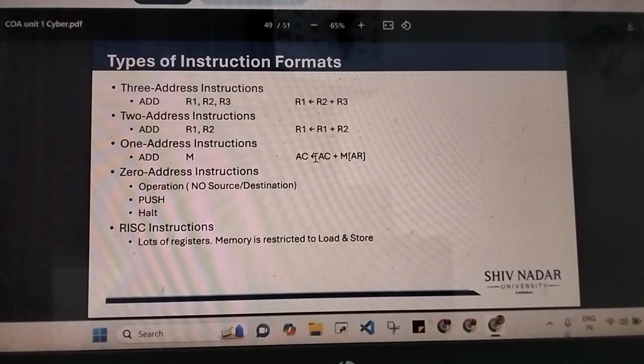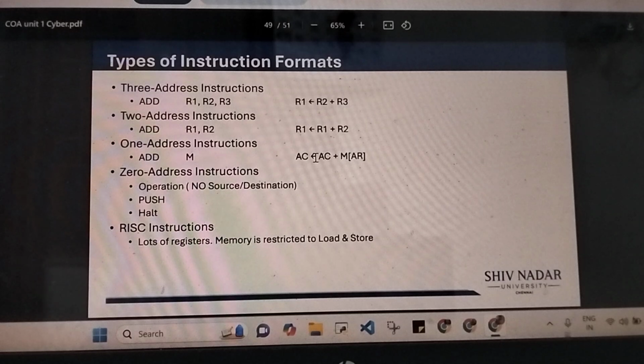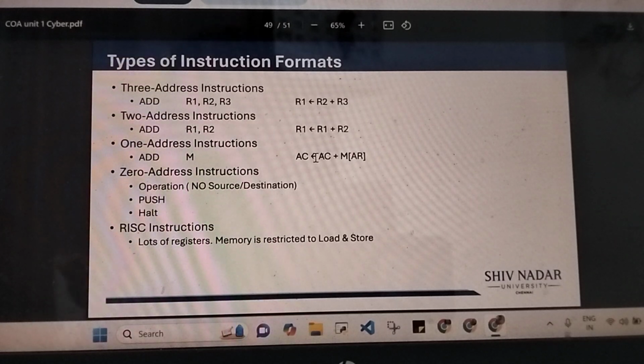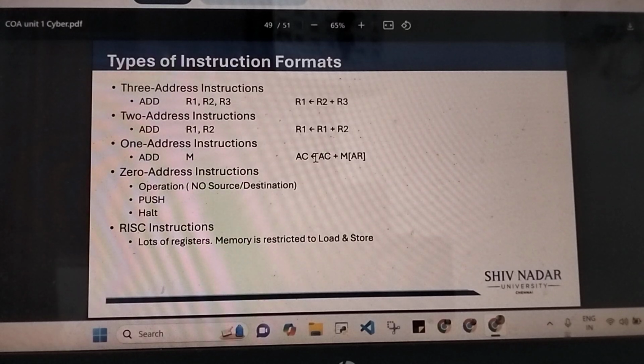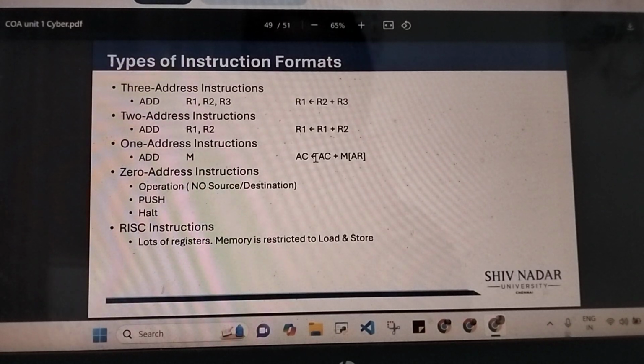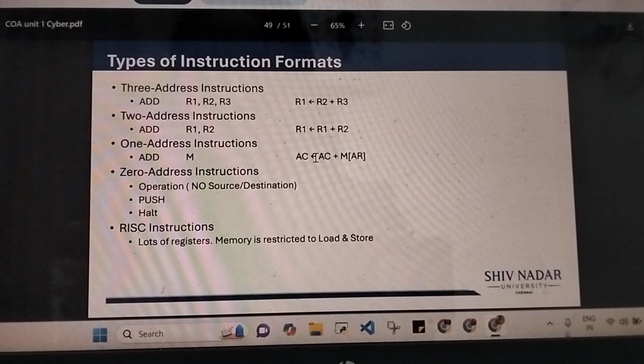Similarly, for 1 address instructions, you have a specific register called the accumulator, which, as the name suggests, simply accumulates the value. So if, let us say, the accumulator currently holds the value 5, and then I push the value 10 into the accumulator, it will become 5 plus 10 equals 15. So it will just keep adding the values that are inserted into it and storing. So that's what the accumulator register does.